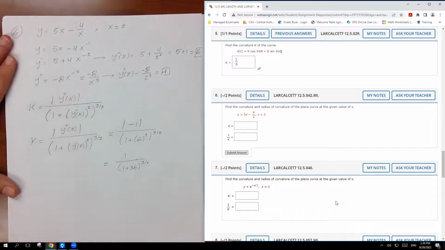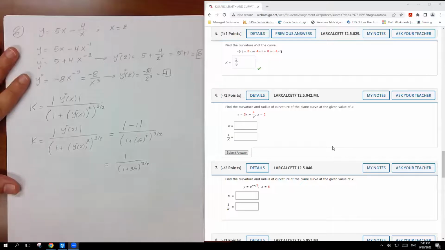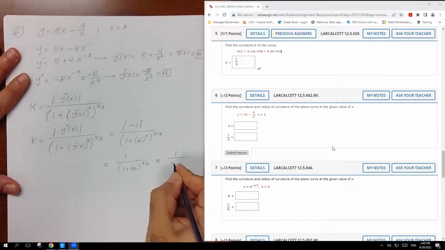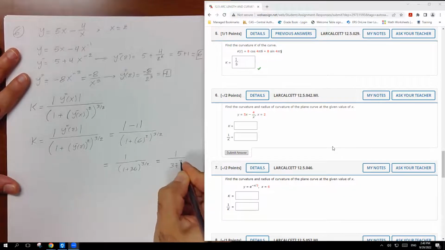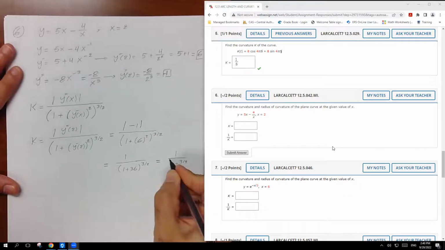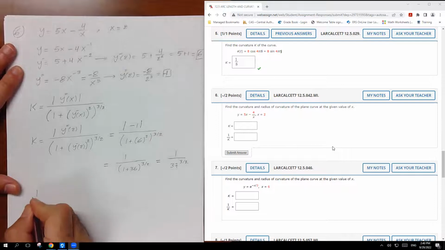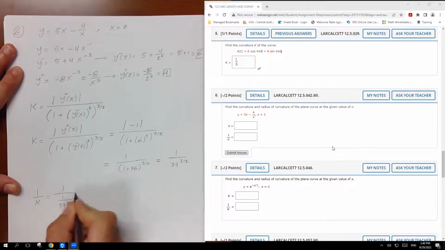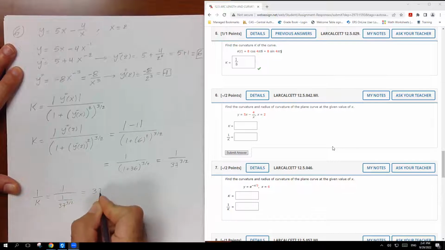And now we have to simplify it. Let's plug in this one for k, 1 over 37 to the power 3 over 2. That means the radius 1 over k is going to be 1 over 1 over 37 to the 3 over 2. And that means this is equal to 37 to the negative 3 over 2.